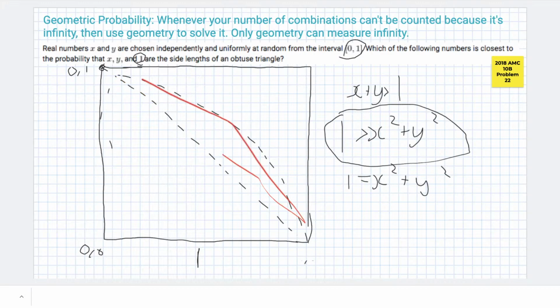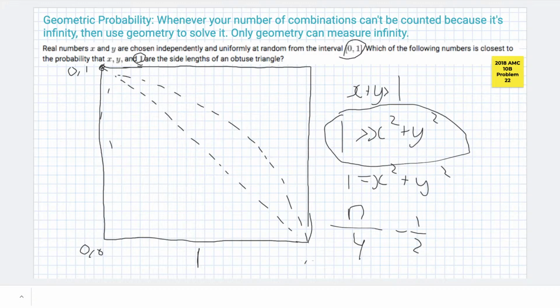And this can be found by taking the area of the quarter circle and subtracting the area of the triangle here. So the area of the quarter circle, clearly, it's pi r squared, and the radius is 1. And then you divide by 4 because it's a quarter circle. So pi over 4 minus the area of the triangle, 1/2 times base times height, which is just 1 over 2. And that is the probability.